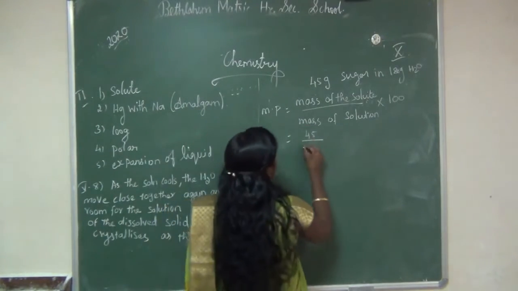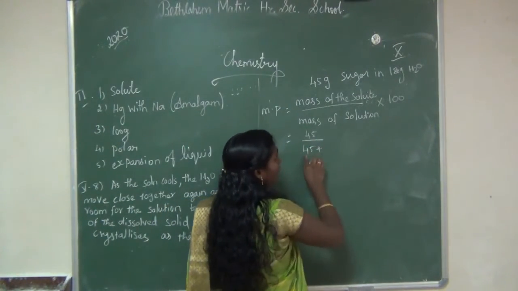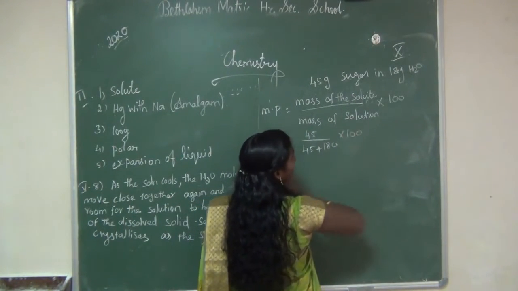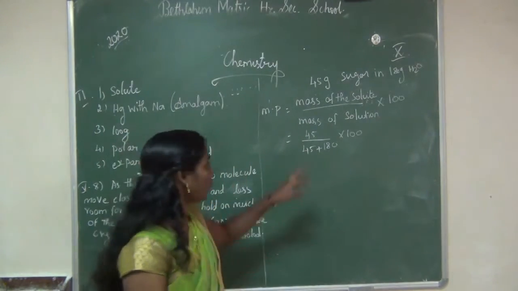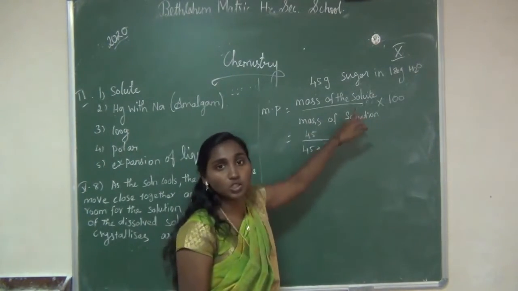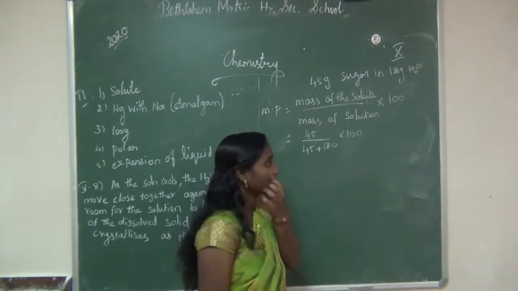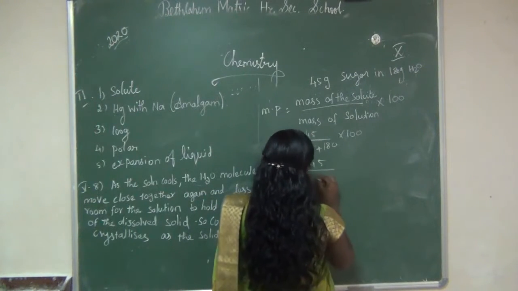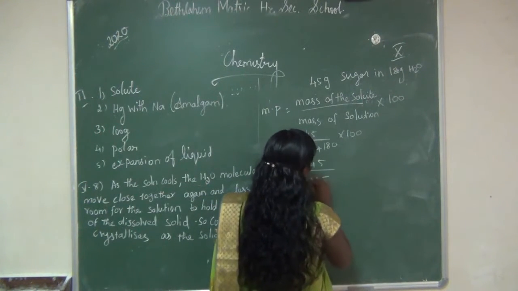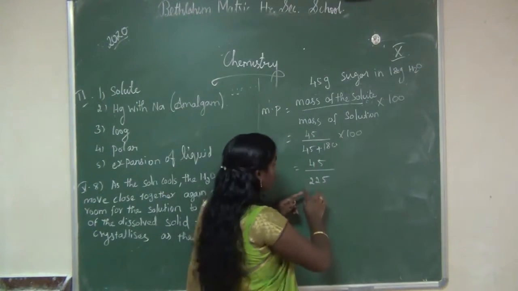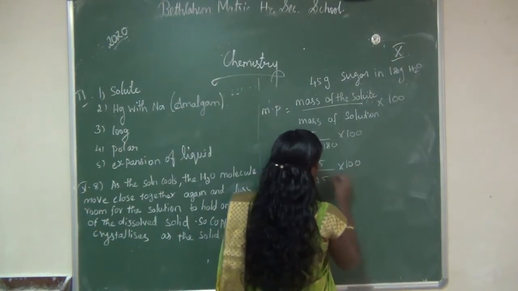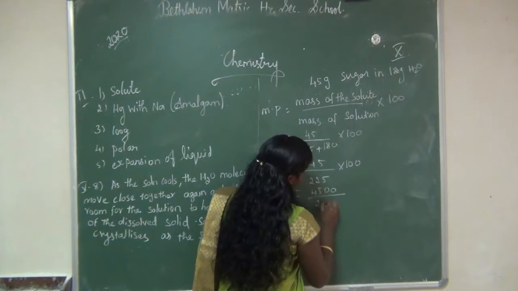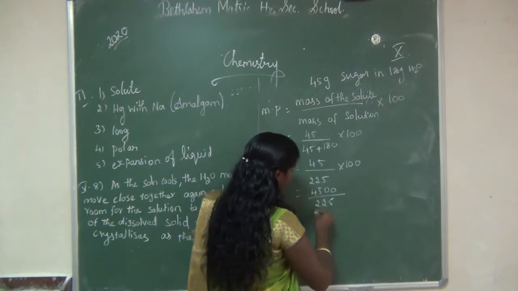So 45 plus 180, that is the mass of the solution, into 100. So 45 divided by 225, into 100. You can use the fifth table first.